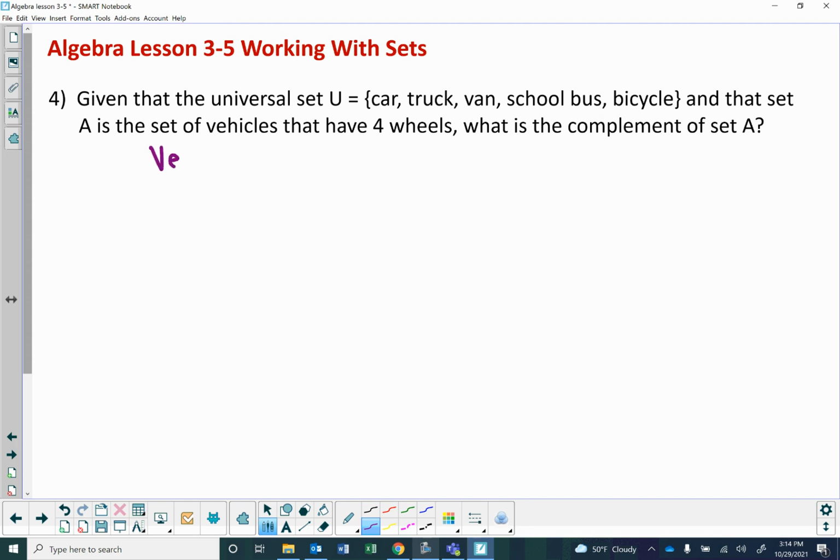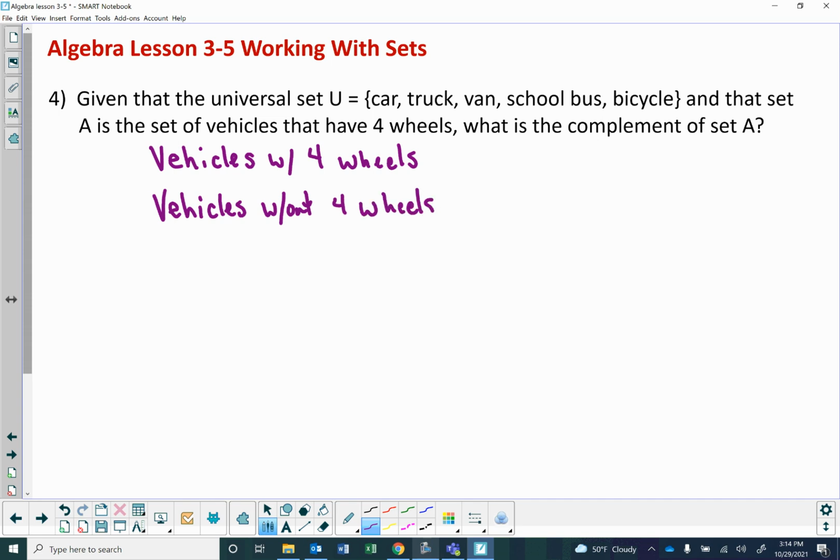We have vehicles with 4 wheels, and we have vehicles without four wheels. Which means they don't have four wheels. Anything other than four wheels. They have two wheels, one wheel, three wheels, 12 wheels, anything that doesn't have four wheels.